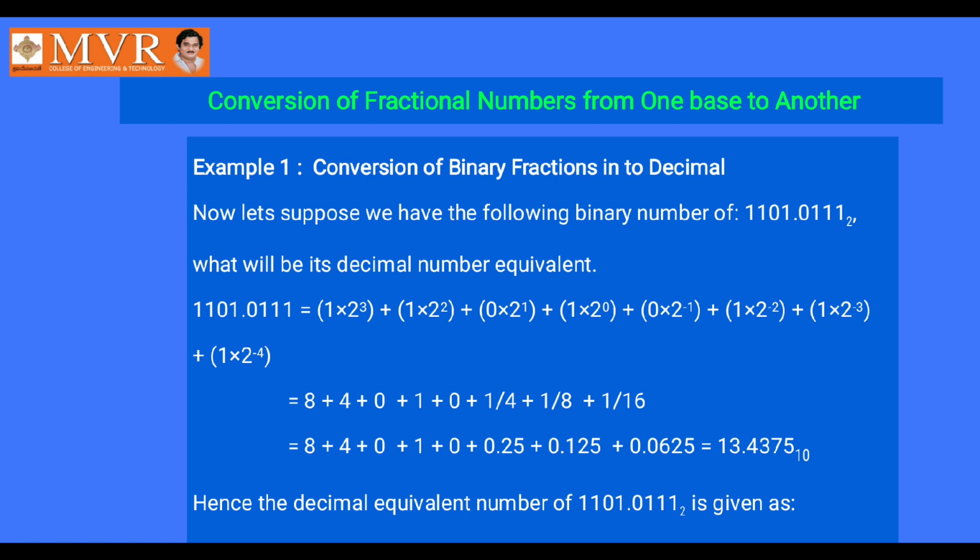So the most significant bit 1 into 2 power 3, plus next value 1 into 2 power 2, plus 0 into 2 power 1, plus 1 into 2 power 0. This is common, what we have done till now: converting a binary value to decimal by multiplying with base 2. But here the fractional part is there.